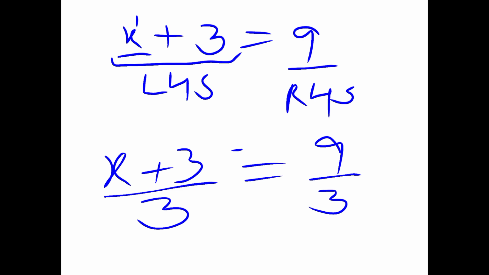Now you must note it down that whatever you want to add, subtract, multiply or divide, you have to do it on both sides of the equation to keep the equation balanced, to keep the equation what is called justified, right?